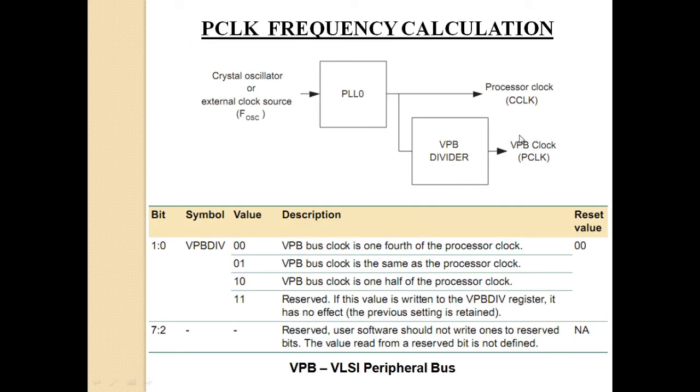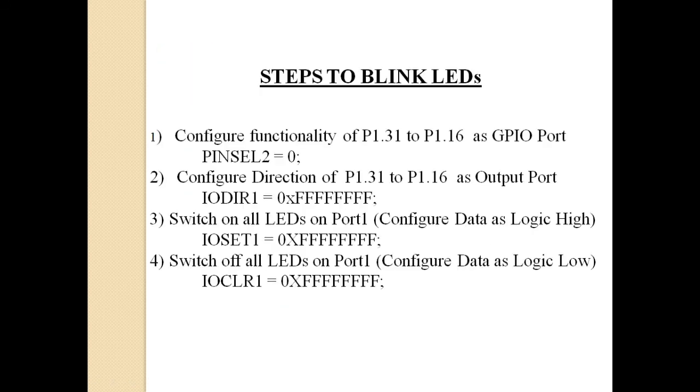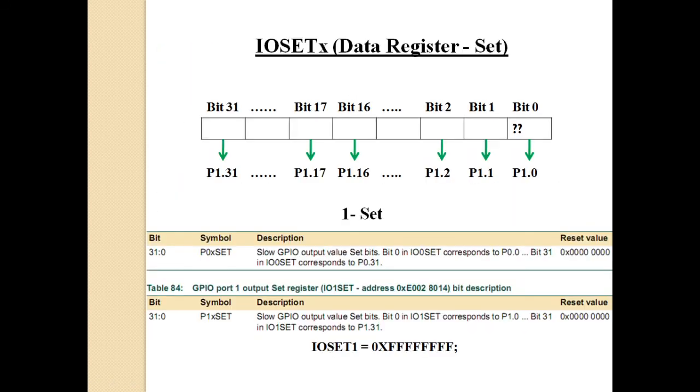By default the VPB clock will be 1 by 4th of CCLK, and CCLK is 60 megahertz. So PCLK will be 1 by 4th of 60, that is 15 megahertz. So your GPIO peripheral is operating on a 15 megahertz frequency.